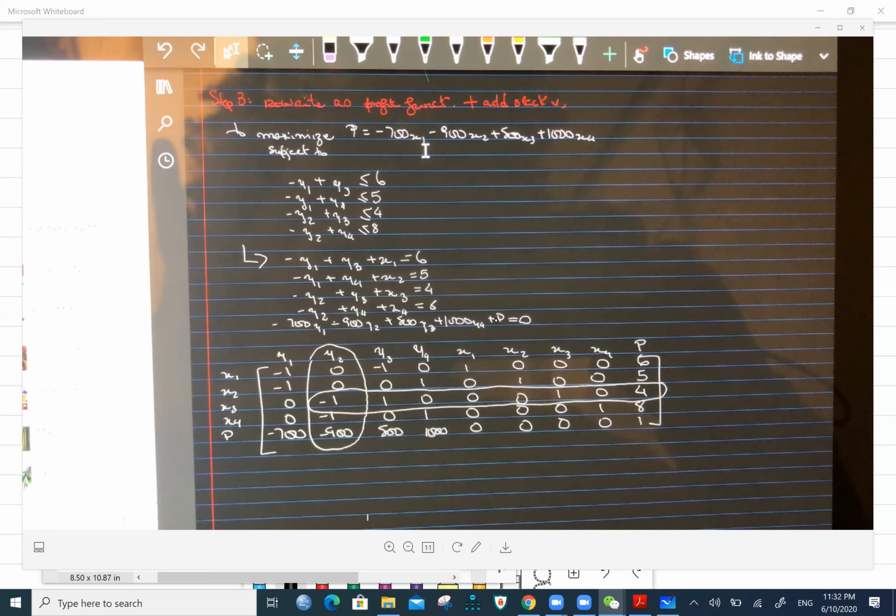You don't have any positive number in that case. So what do I do if I don't have anything? You just cannot continue with this, because even in minus 700, you don't have any positive number above minus 700. When you don't have a positive number, you cannot continue. You can simply write, we cannot continue with this.